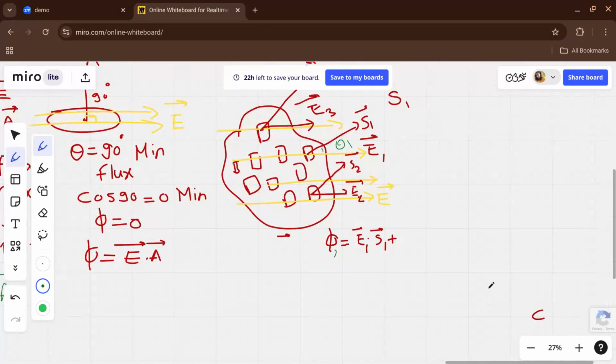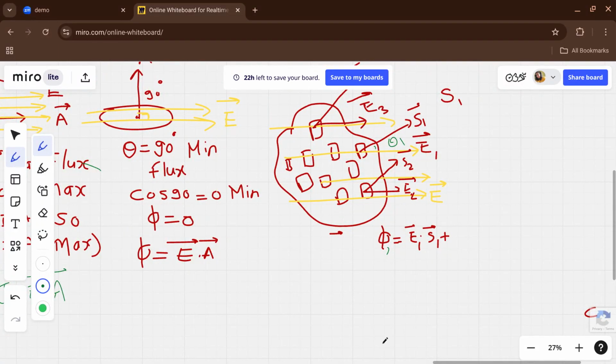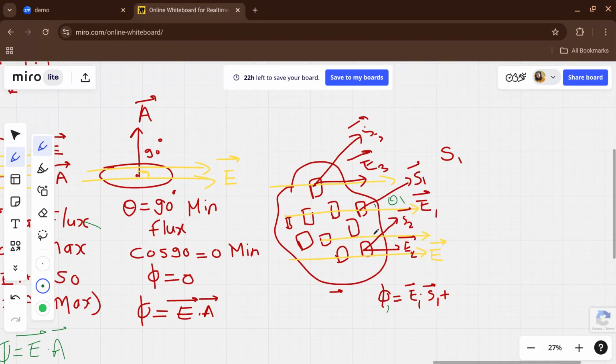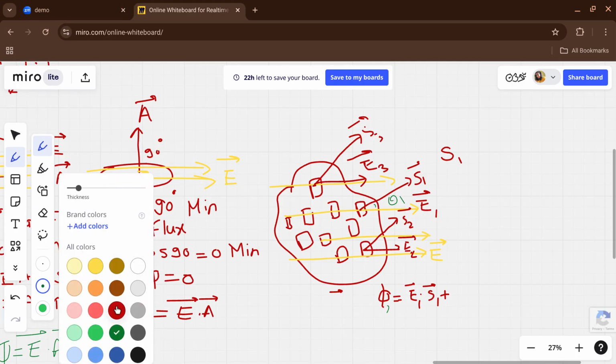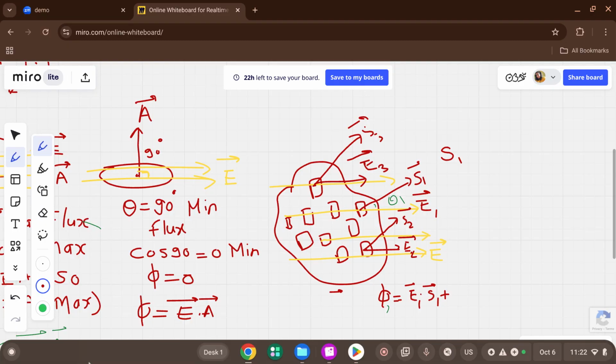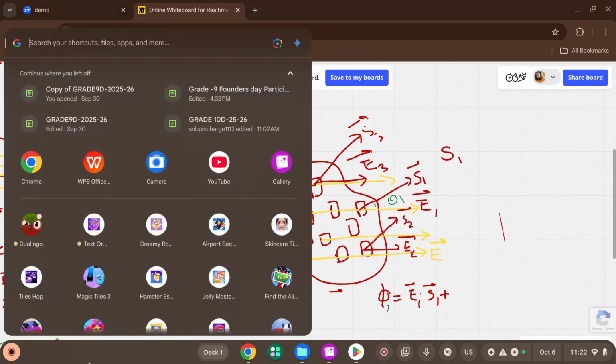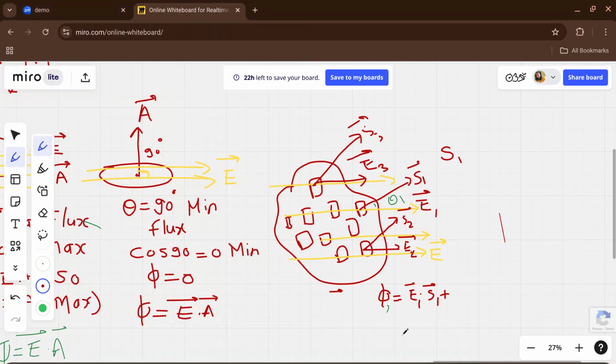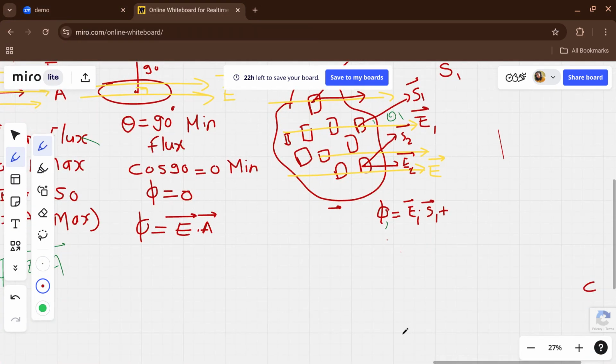Now, if I calculate for the second area, this is S2, so this area vector is S2 bar, and the lines of force passing by this is E2 bar. So here we can calculate phi 2 as E2 bar dot S2 bar.